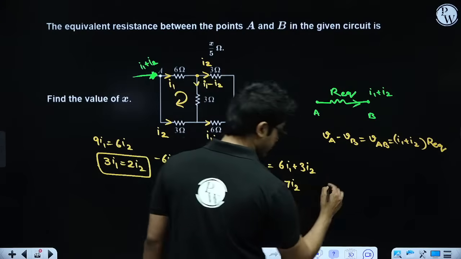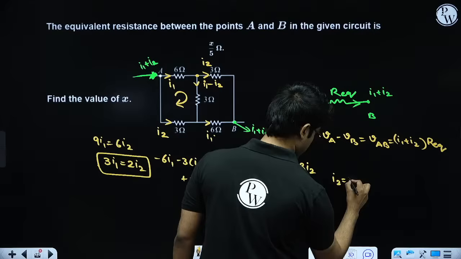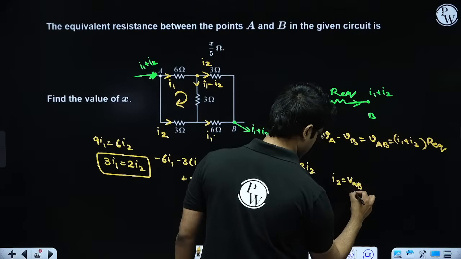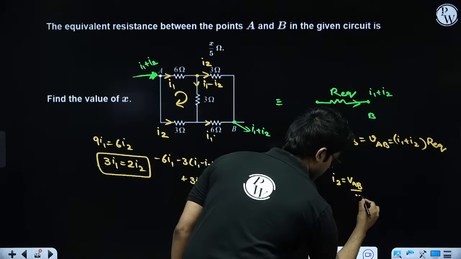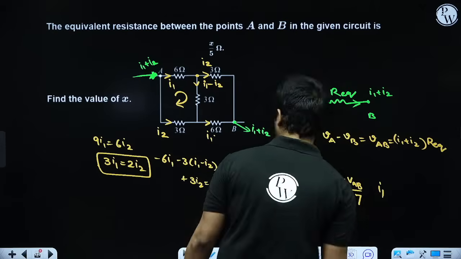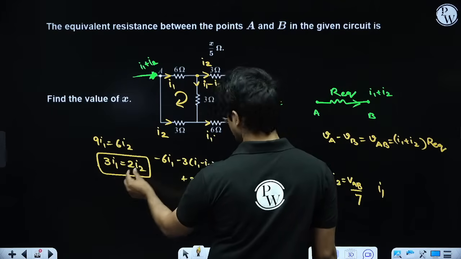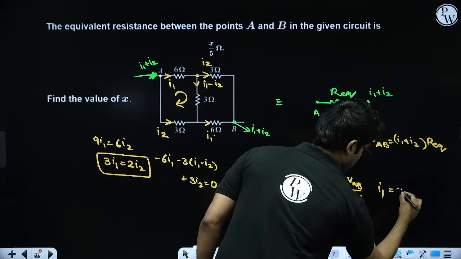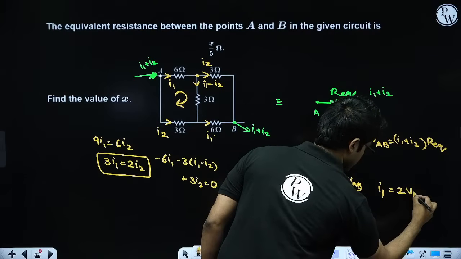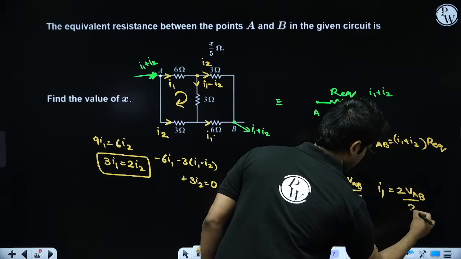So from here we get I2 as VAB divided by 7. And I1 is 2 by 3 I2. So this will become 2 VAB divided by 21.